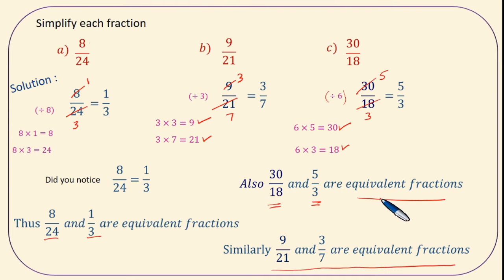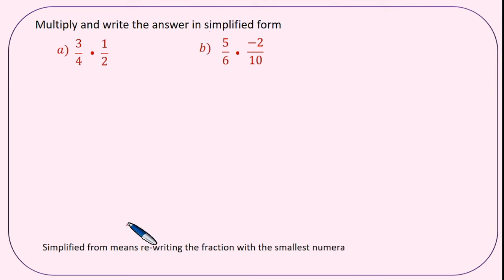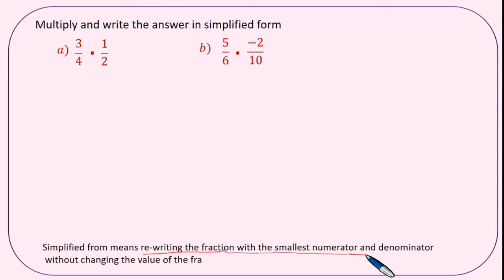Now we are going to learn how to multiply and write the answer in simplified form. Multiplying two fractions is easy. You just have to multiply numerator with numerator and denominator with denominator, and if possible, simplify. Simplify means rewrite the fraction with the smallest numerator and denominator without changing its value.